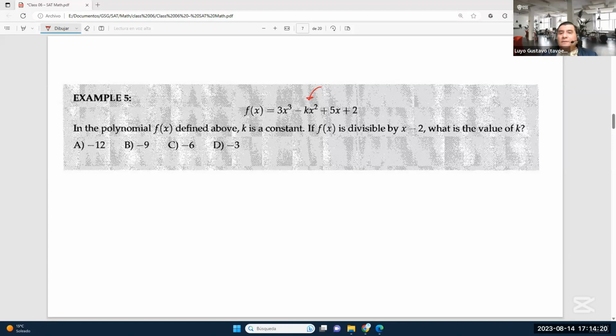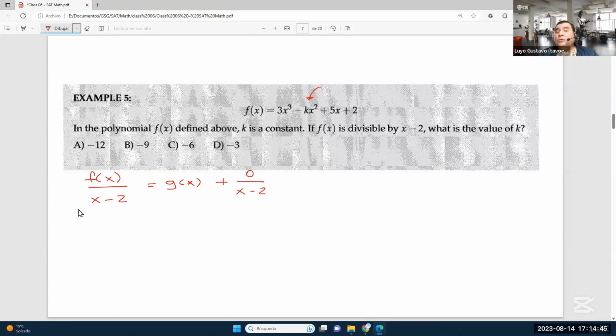So if you use the remainder theorem in this way, you may say that since f of x is divisible by x minus 2, this yields another polynomial g of x plus 0 over x minus 2.